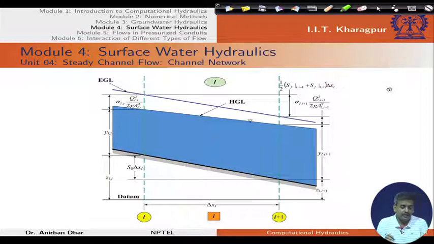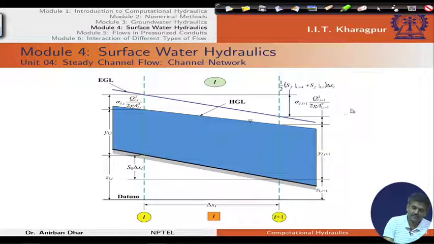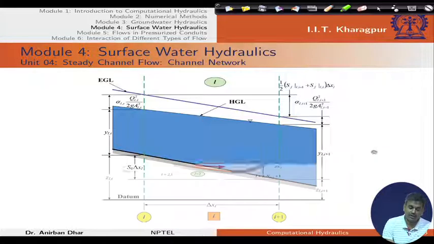In steady channel flow network we have utilized q and y as functions, because in that case there will be change in the q values in different channels in the network.